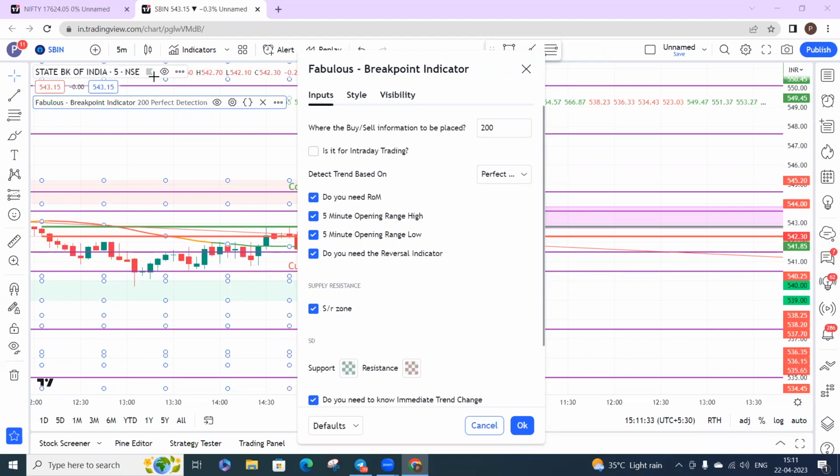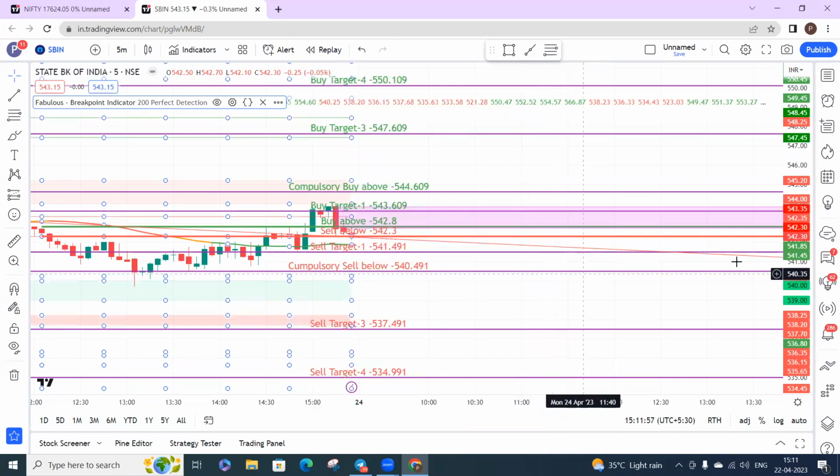If you are working from the intraday perspective, and you are in the second or third category, like I need some kind of confirmation, I'm going to watch it, then you need to be on this particular mode, which is called intraday trading. When you put on intraday trading, it has the range of the market also added into the fabulous indicator.